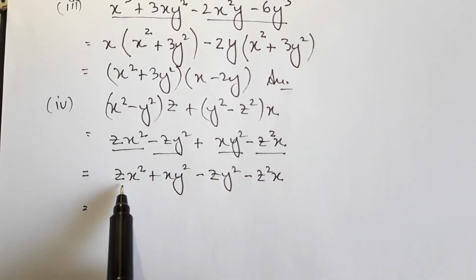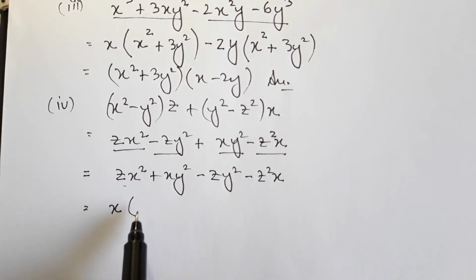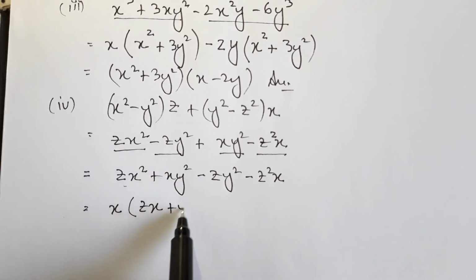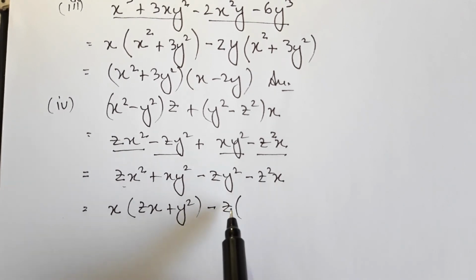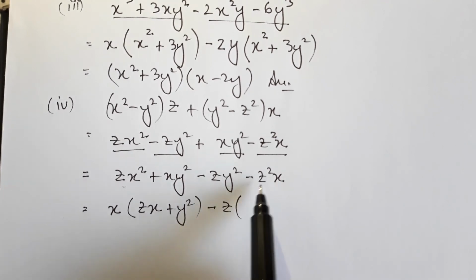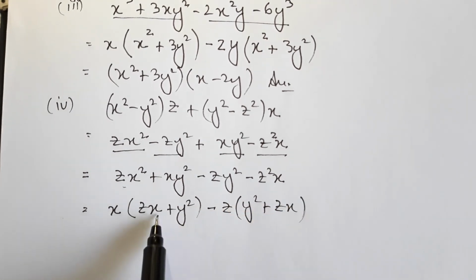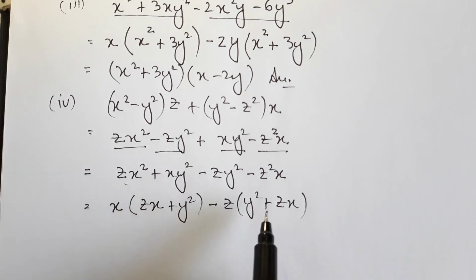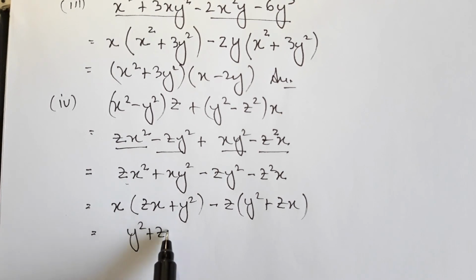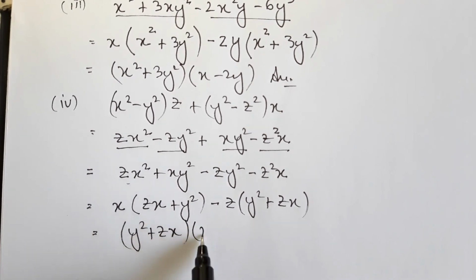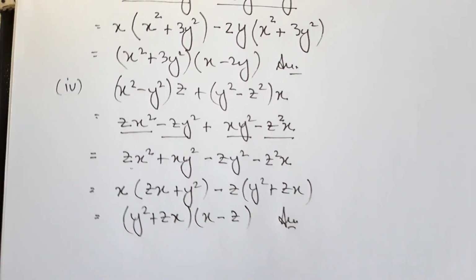Now taking common between two terms, here x is common, the remaining values are zx plus y square, and here minus z is common and the remaining values will be y square plus zx. Now again two brackets are the same, y square plus zx, y square plus zx, and this is also common in the next step. y square plus zx is common and the remainders are x minus z. So this is the answer.